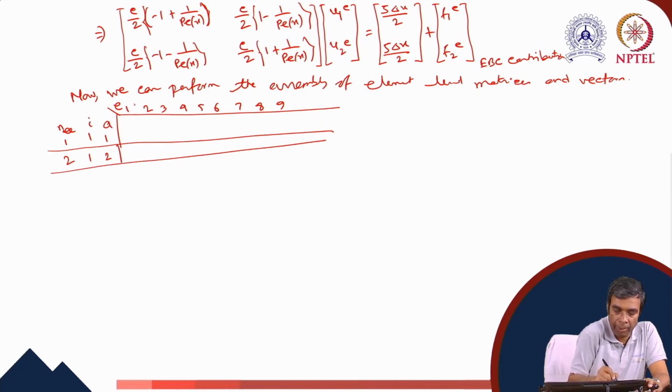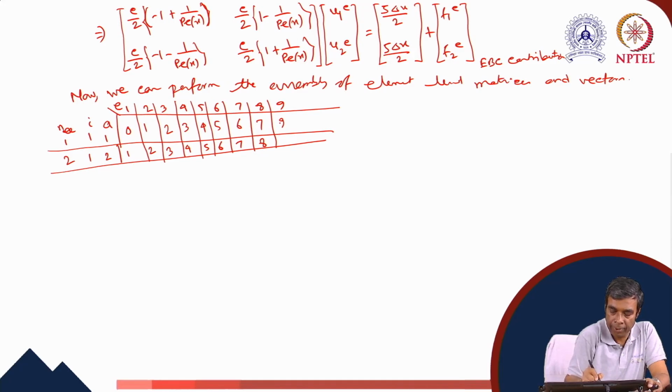Here we have 0, 1, 1, 2, 2, 3, 3, 4, 4, 5, 5, 6, 6, 7, 7, 8, 8, 9, 9, 0 for all the elements.